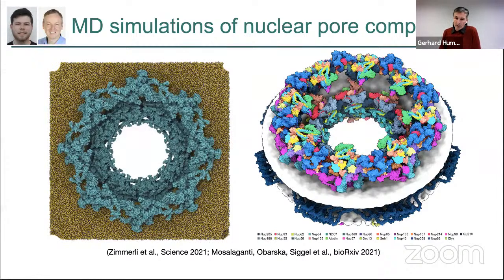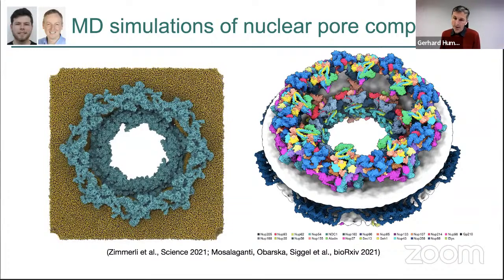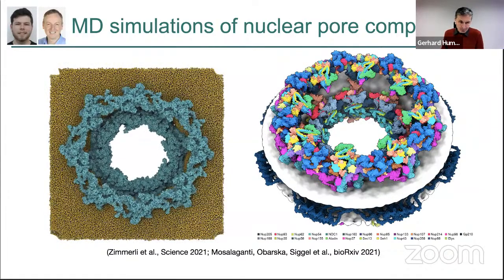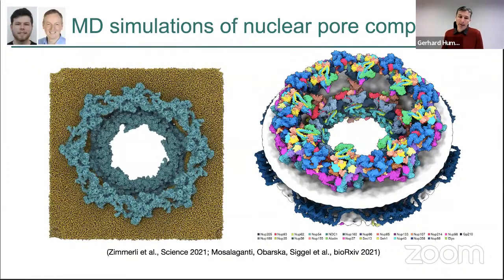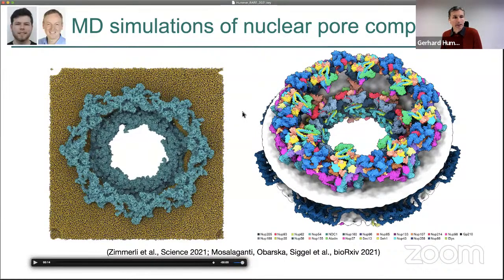But thanks to the advances on the experimental side, getting ever higher resolution, and more recently on the AI-based modeling of component structures, AlphaFold, plus of course decades of crystallography and cryo-EM studies of the components, we could assemble a simulation model of the ring structures in the nuclear pore complex, and study its dynamics and its coupling to the membrane environment using, in this case, Martini coarse-grained simulations, but I think that atomistic simulations are certainly possible in the not too distant future.